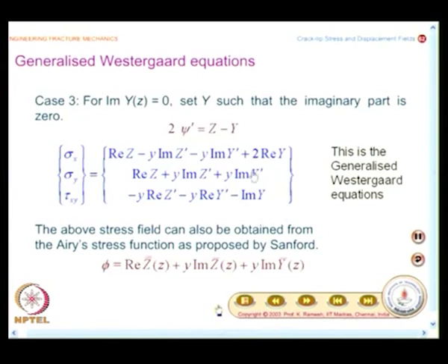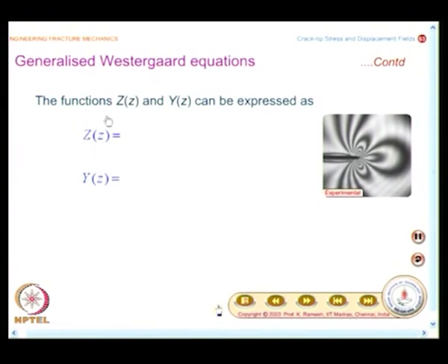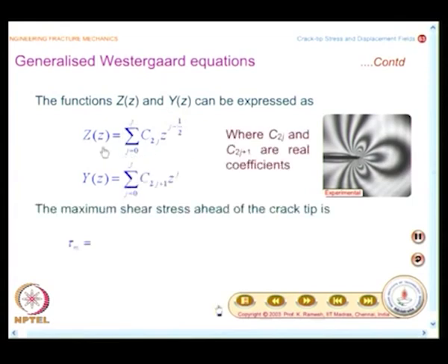Now, we will proceed. What is the form of capital Y as well as capital Z? The capital Z and capital Y are taken as series, polynomial series. I have capital Z as sigma j equal to 0 to capital J, C 2 j z power j minus half. And this is very similar to, if you look at the first term, it is nothing but your singular solution.